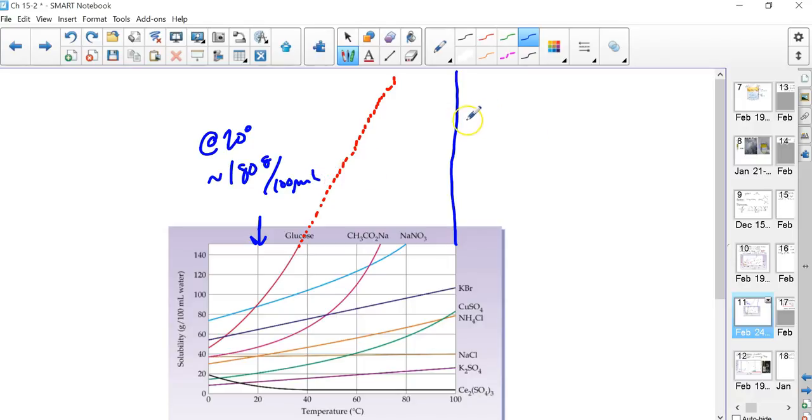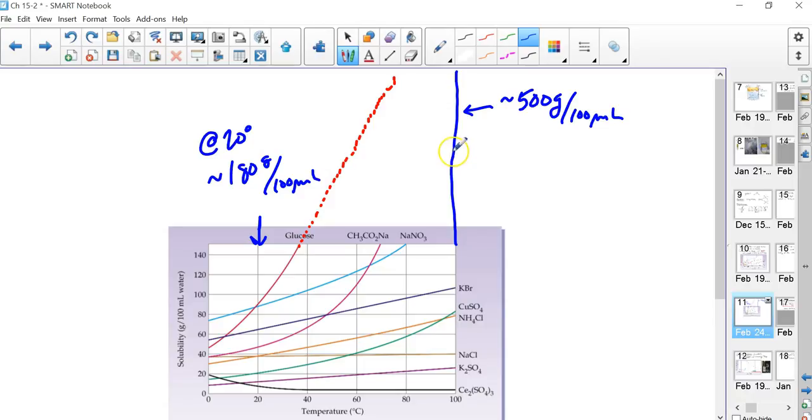Okay. At boiling, sucrose is roughly 500 grams per 100 mils. That's remarkable, by the way. 500 grams of sugar can dissolve in 100 mils or 100 grams of water at the boiling point.